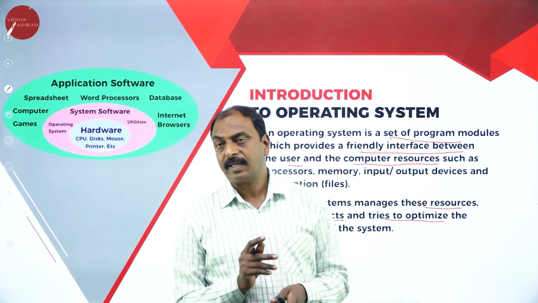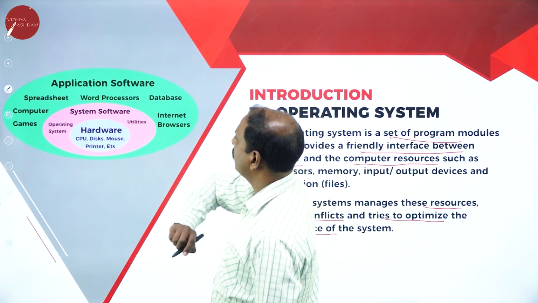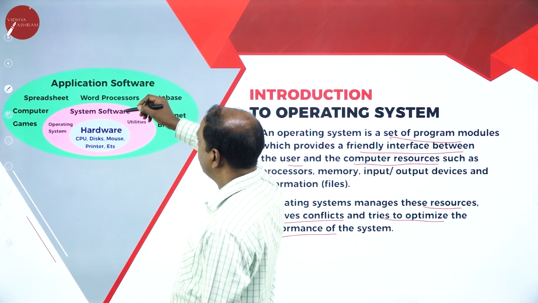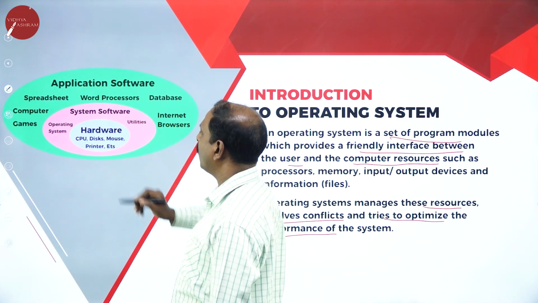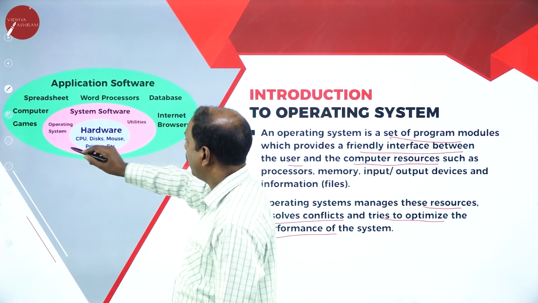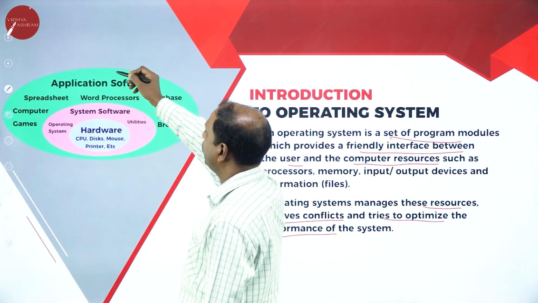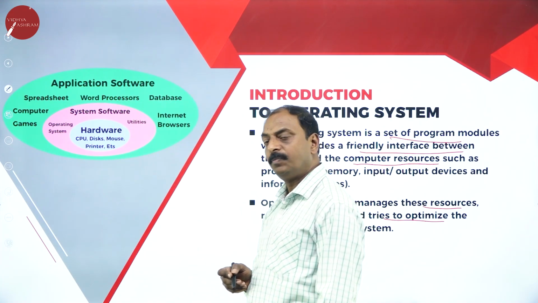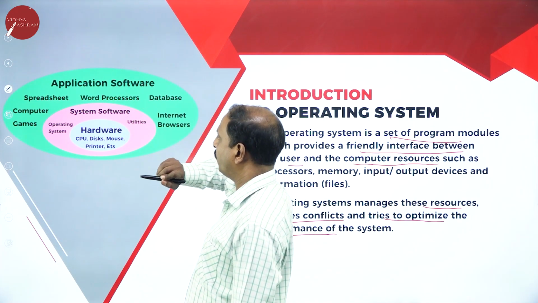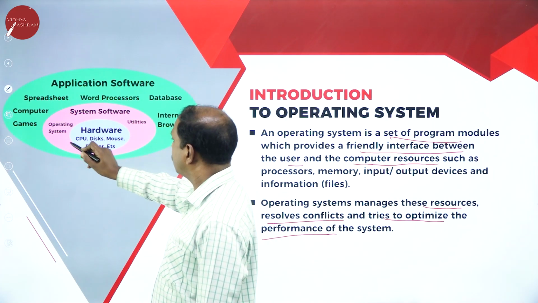Now you can see this diagram here. This is how we represent an operating system. There are three components as we have seen. One is application software, system software, and we have hardware. First we have the hardware, and over it we have system software. Then we have application software. These are the three different components of a computer system: hardware, system software, and application software. Here the operating system comes under system software.